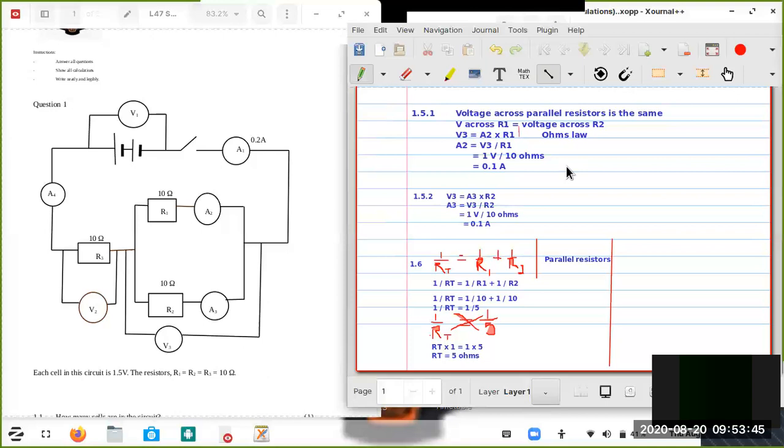Right, I just want to answer question 1.7 here. So in question 1.7, we are saying the total resistance, or one resistor that can be used to replace all the resistors in the circuit, is equal to, allow me to use RT again, right?